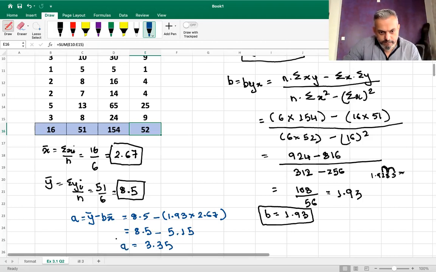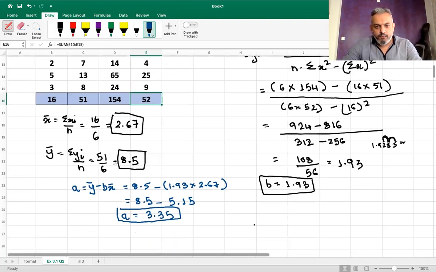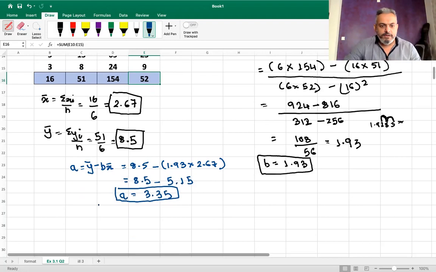So A is equal to 3.35 and B is equal to 1.93.